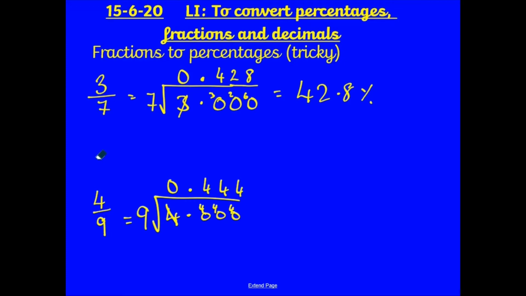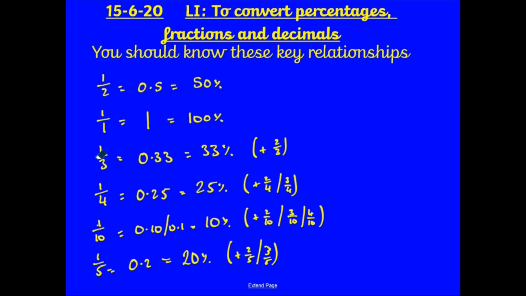I can see my pattern here now. Again, I can then change that decimal number into a percentage. So I times it by 100. So 0.444 times 100 is 44.4%.